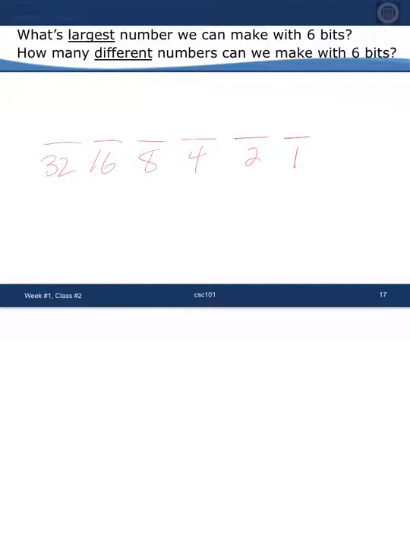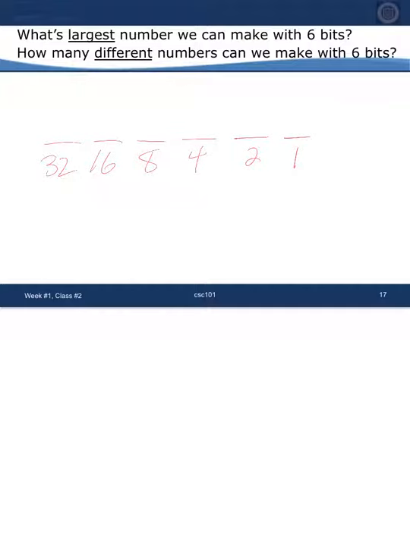Okay, so maybe I could start with the smallest number that I could make, even though I didn't ask you to tell me. Just remember, even though it's a little funky working in base 2 instead of base 10, the same general ideas apply that exist in our world. If I say you're going to make a 6-digit number in our world, what's the smallest number you could make with 6 digits?